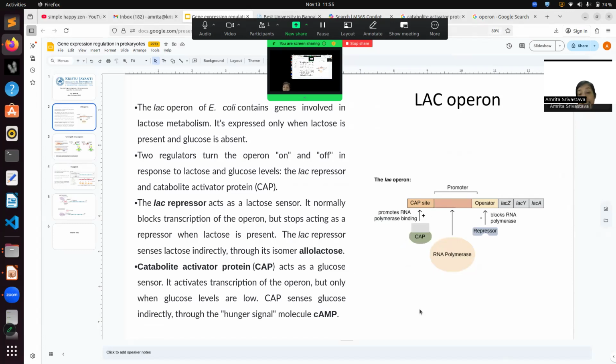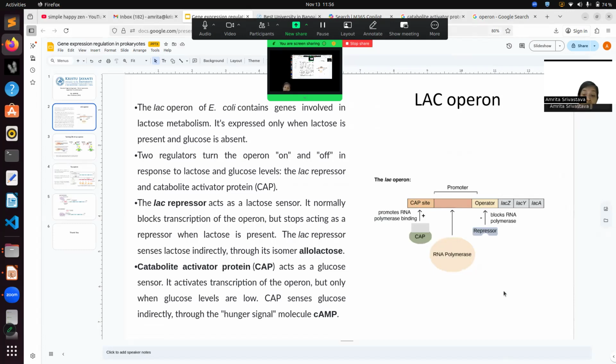Once this CAP site is occupied, it promotes the RNA polymerase attaching to the promoter region and transcribing the other genes. The rest of the genes, LacZ, LacY, LacA, code for enzymes that metabolize lactose for the energy requirement of the cell.